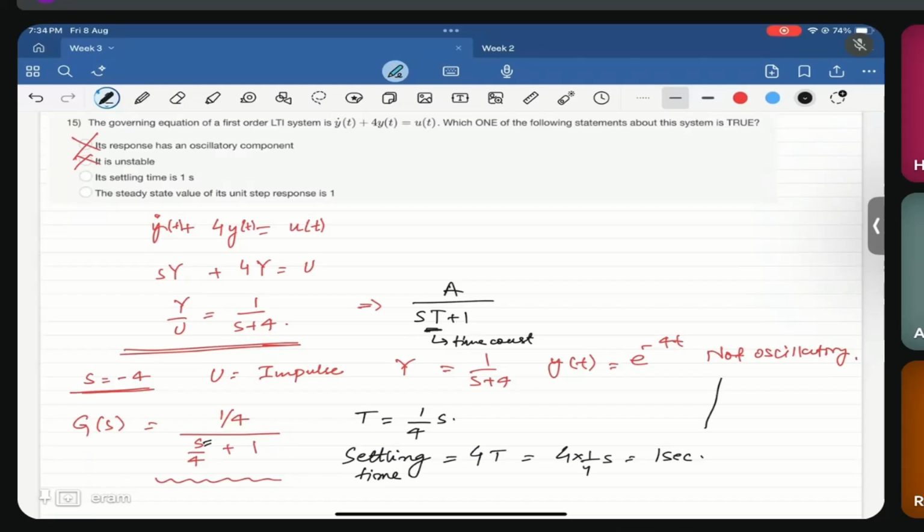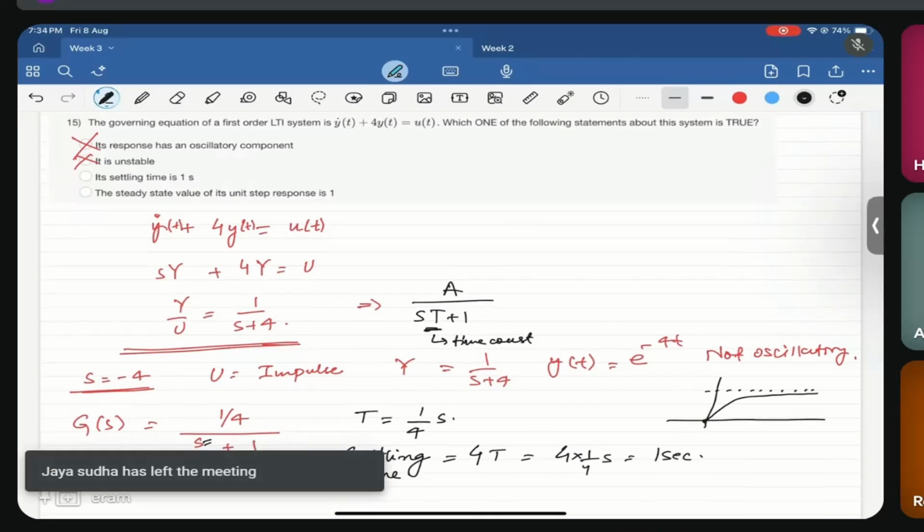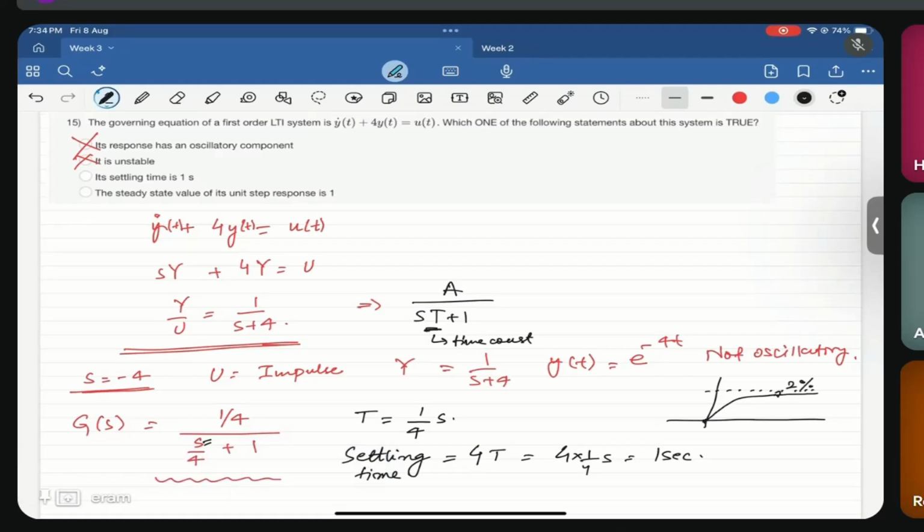Let's suppose this is the steady state value. To settle around 2% of that steady state value, it will take how much time?